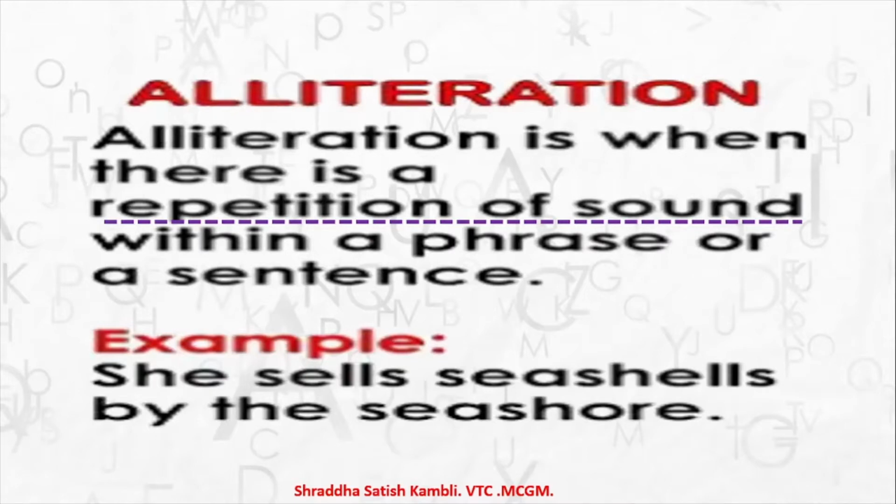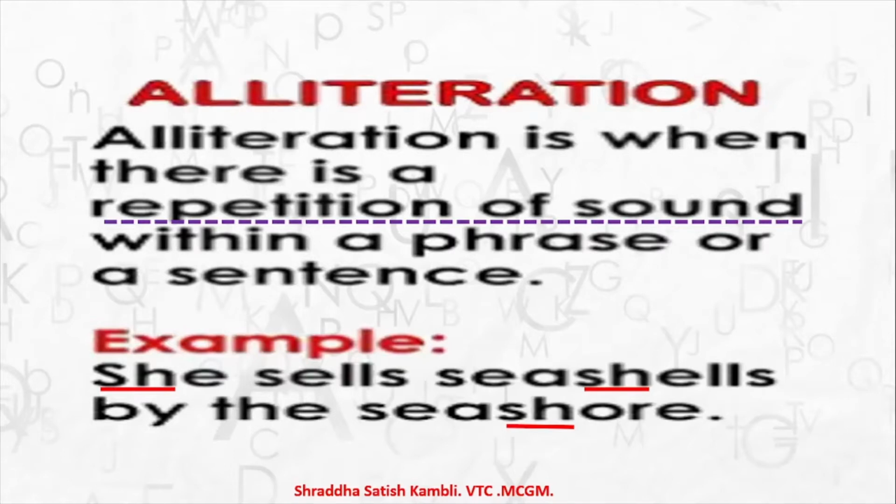Have you heard what I said? Now let us see which sounds were repeated here. The sh sound in "she" is repeated in the sh sound of "shells" and also in the sh sound of "shore". See how the sound is repeated? Sh, sh, sh.